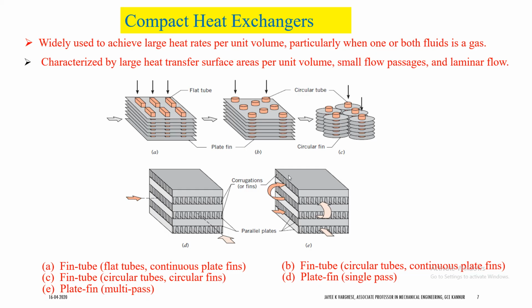In heat exchangers, normally there will be a limitation for the overall heat transfer coefficient, because it depends on the heat transfer coefficient at the hot side, the conduction resistance, and also the heat transfer coefficient at the cold side. So the overall heat transfer coefficient will be a net effect of all these.